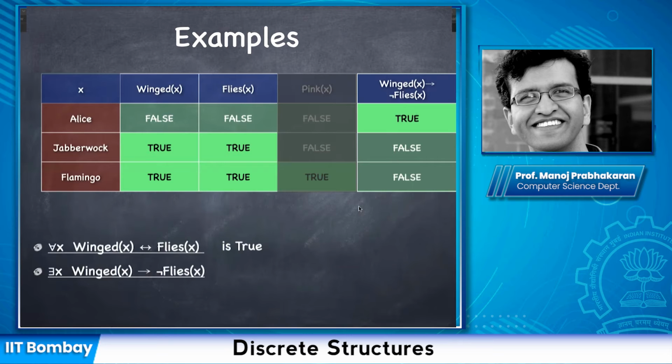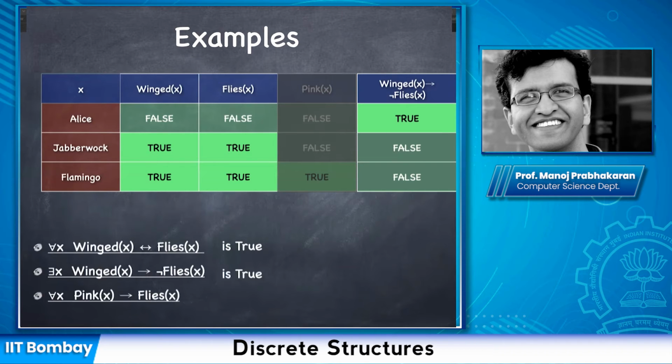The other two entries happen to be false because winged Jabberwock and winged Flamingo are true, and the negation of flies x is false, right? And true implies false is a false proposition. So these two happen to be false. But the claim I made is only that there exists an x such that this holds. So this proposition is also true.